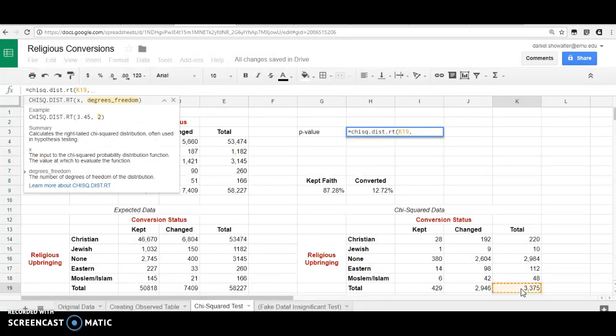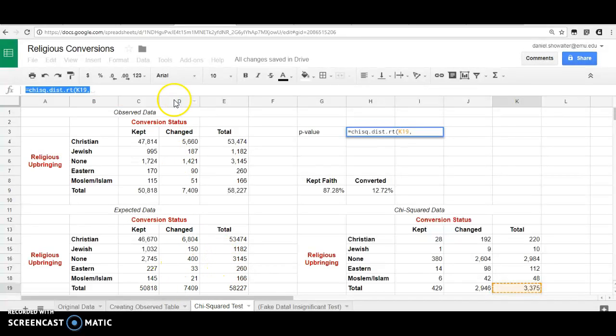And then degrees of freedom. So what are degrees of freedom in a chi-squared test? The data itself, so not counting the total columns here. Data itself, we're going to basically take the number of rows minus 1, so that'd be 5 minus 1, times the number of columns minus 1, so this would be 2 minus 1.